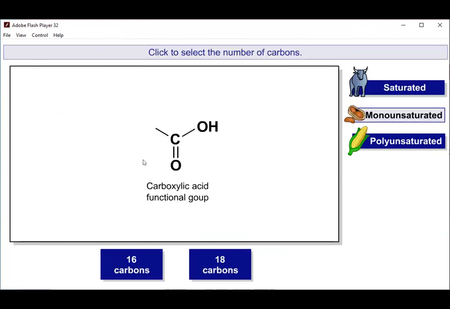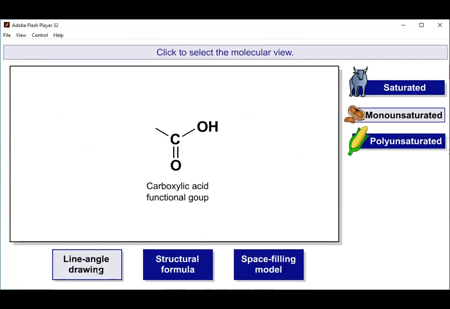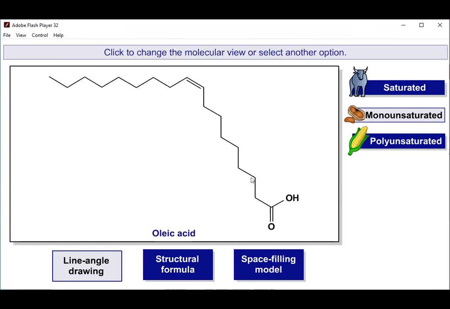So again, you start with the functional group, which is called carboxylic acid, and then put carbons on. Those are the same 18 carbons as a line angle drawing, but you can see here this is a double bond that is in the cis arrangement, an arrangement where both of the hydrogens are on the same side.